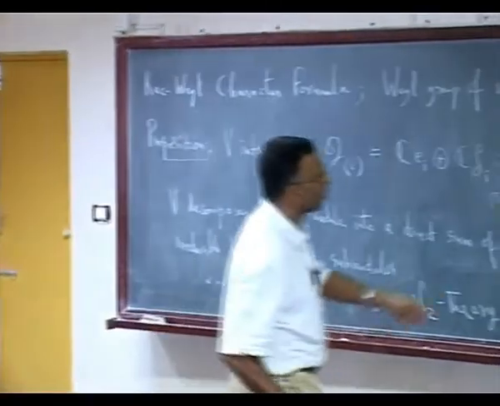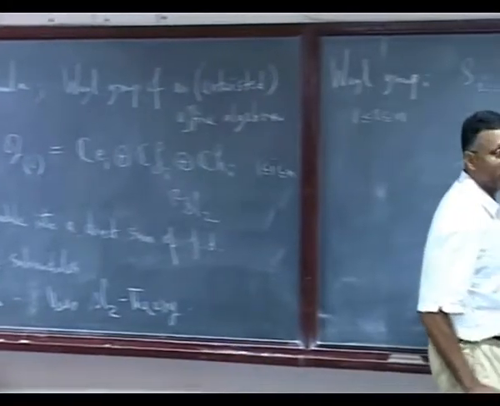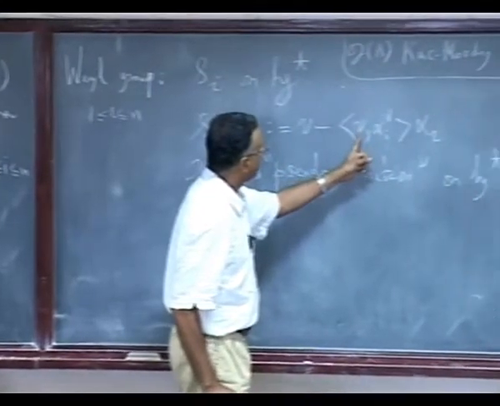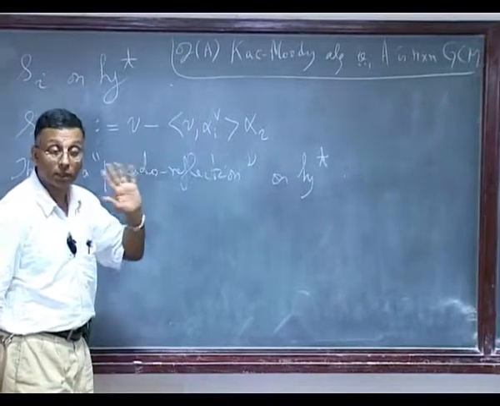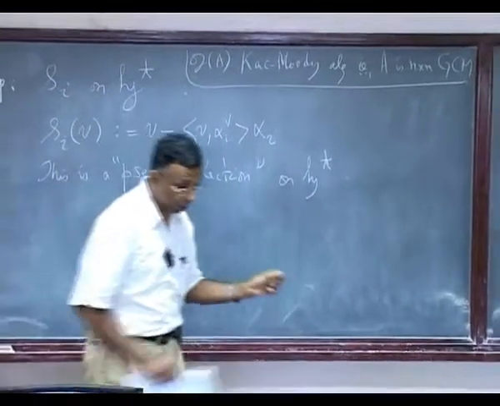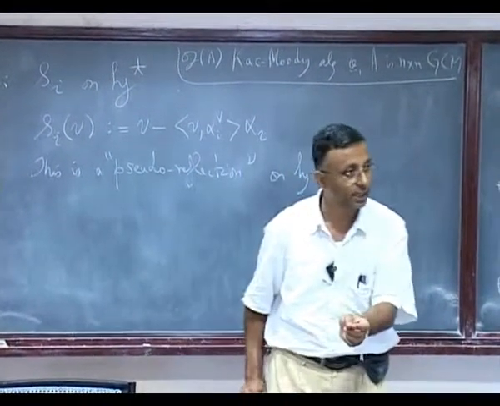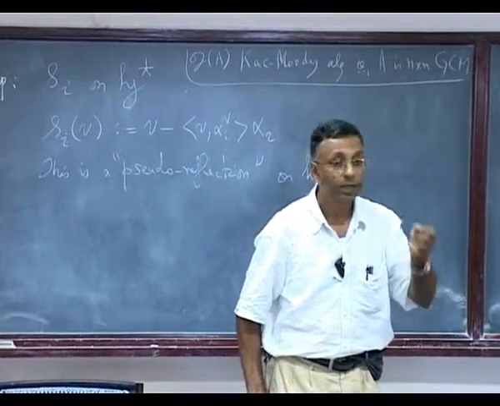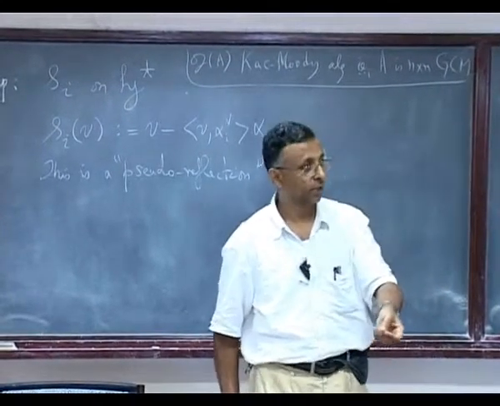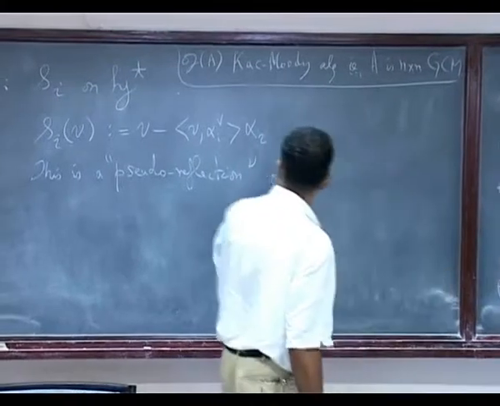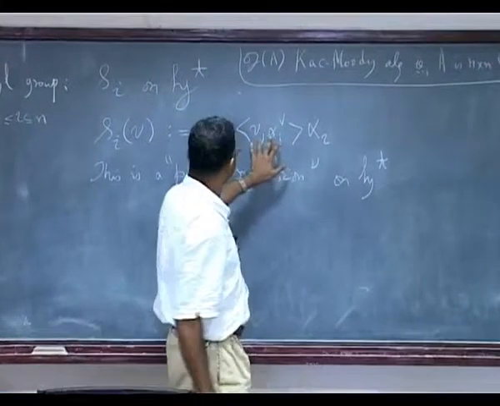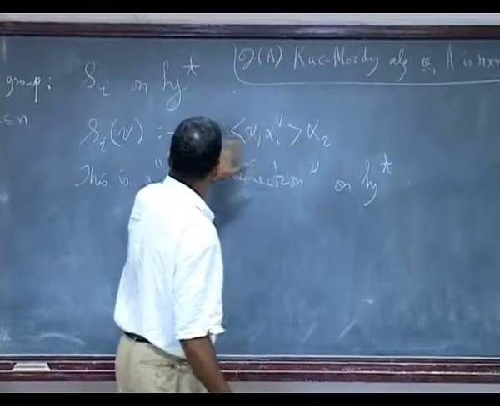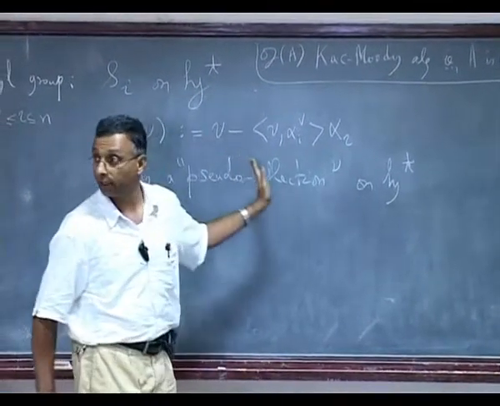That's it. So this is a pseudo reflection obviously, because alpha_1 check through alpha_n check were linearly independent elements of H by fiat. Therefore, this will kill a hyperplane in H star, so for all those v's, s_i is going to fix it.